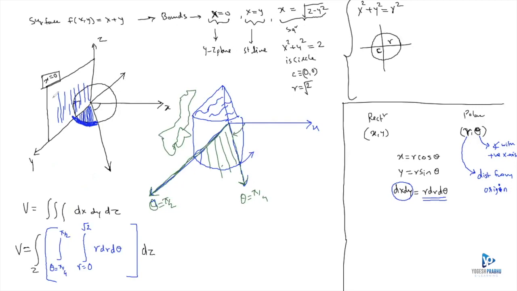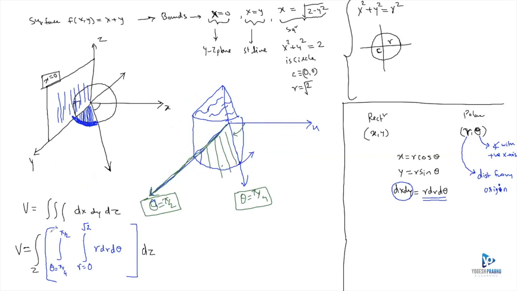No. Why? Because we already said x equal to 0 is a bound, so it's not going to be on this side. It's not going to be on this side either, because this line is also your bound, which is x equal to y. So it's neither this nor that. So it has to be between what and what? Pi over 4 to pi over 2.